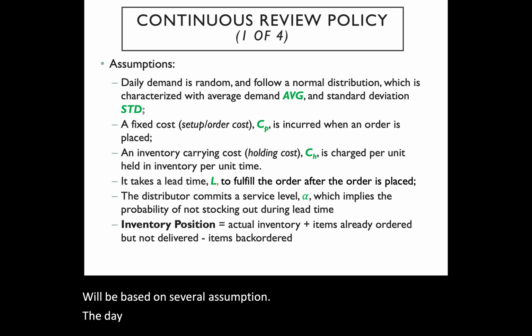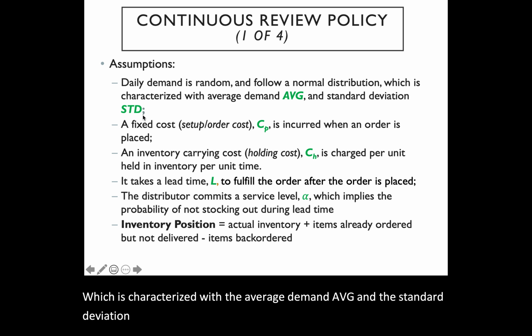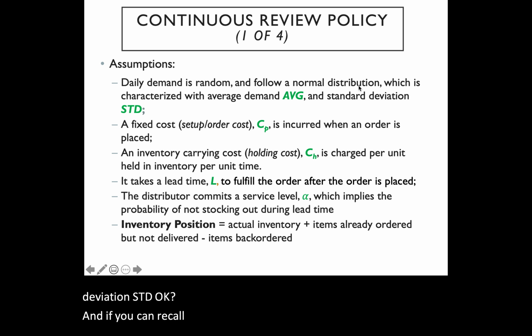The daily demand is random and follows a normal distribution, which is characterized with the average demand AVG and the standard deviation STD. Okay. And if you can recall the normal distribution, it will have the bell shape.